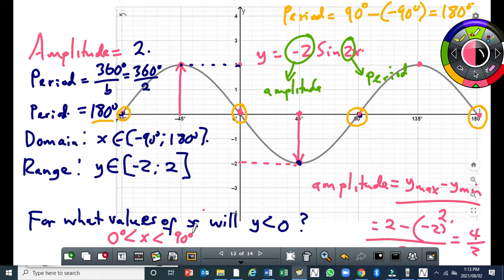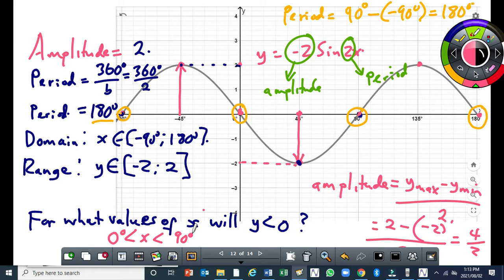But sir, that answer is not completely correct. It is, because at 90 degrees, y is 0. Yes, but is there an equal sign here? You said it must be less. You have done inequalities.